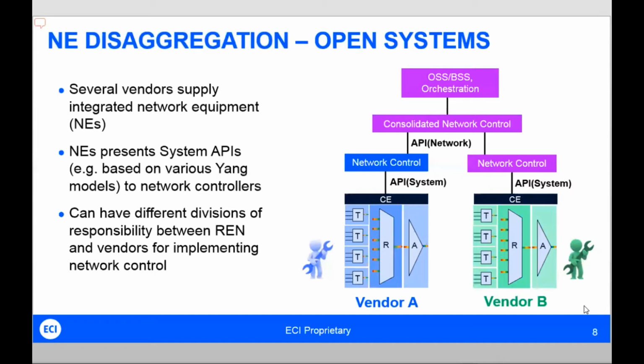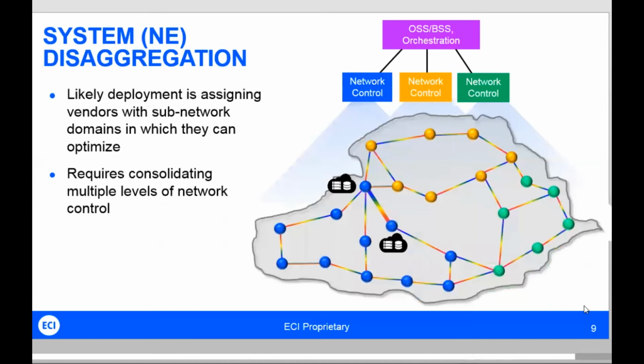And again, like I've mentioned, we can have different levels of responsibility in terms of who's actually implementing the network control systems, but as long as the system level APIs are well defined and published, this is something which is fairly doable.